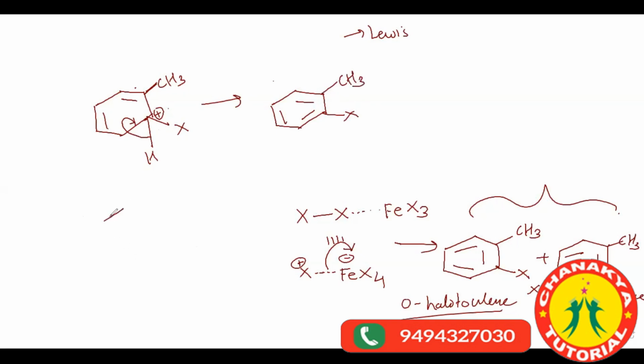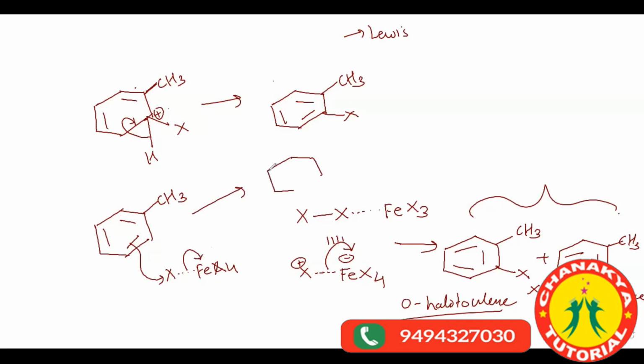And the same thing would happen with your para product as well. Suppose this is your benzene ring, right? This is your substituted CH3 group, so it becomes toluene. Here would be your X attached to your FeCl, or sorry, FeX4, right? What happens? This bond would be utilized to form a bond with this. What you will get? Para substituted halogen.